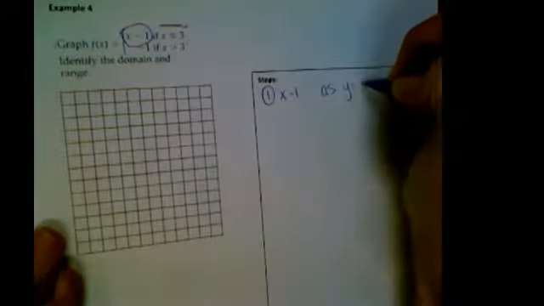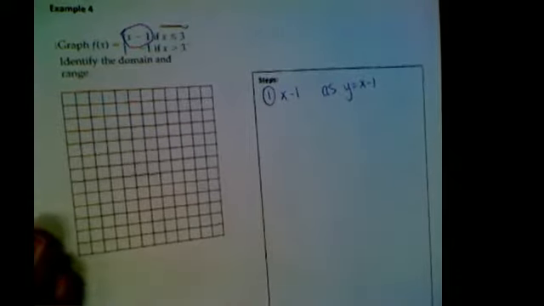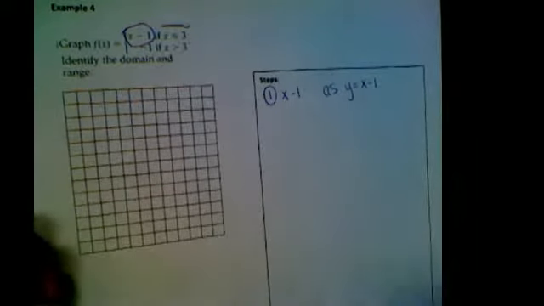So step 1 is you're going to think of x minus 1 as y equals x minus 1. You know how to graph that. So I highly recommend that you graph this in pencil to start. That will hopefully help with what we're about to do.